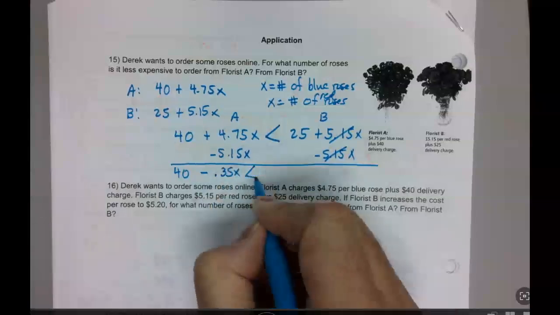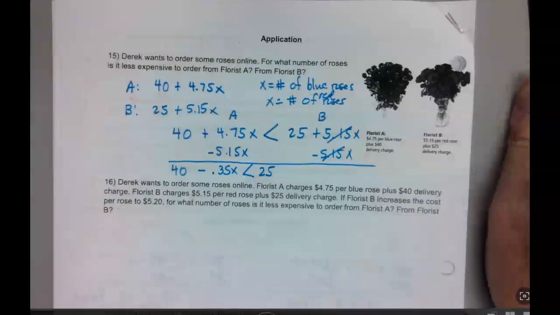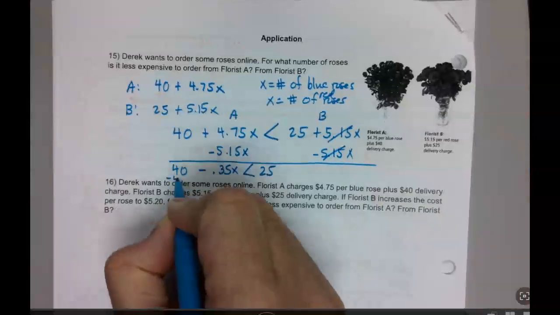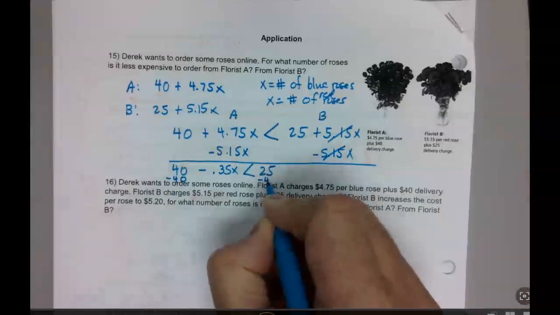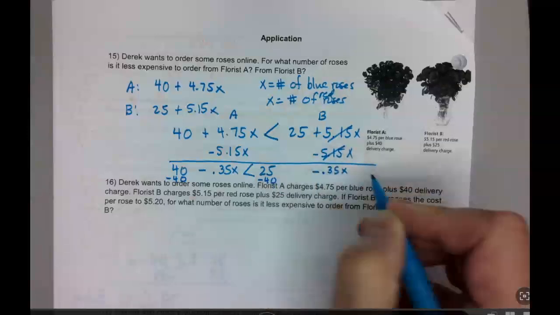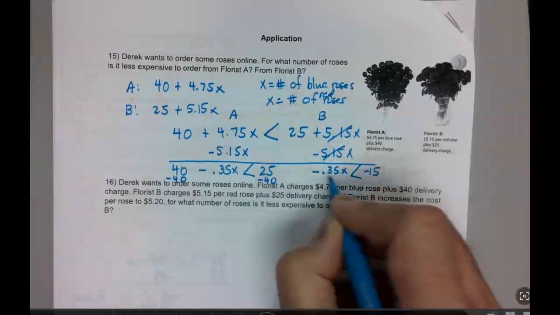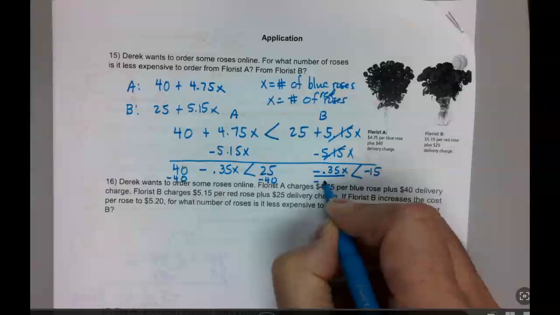It's less than 25. Agreed? Check my math there, but I'm pretty sure that's right. Now what are we going to do? Subtract 40. So that gives me negative 0.35x is less than negative 15. Divide by negative 0.35.